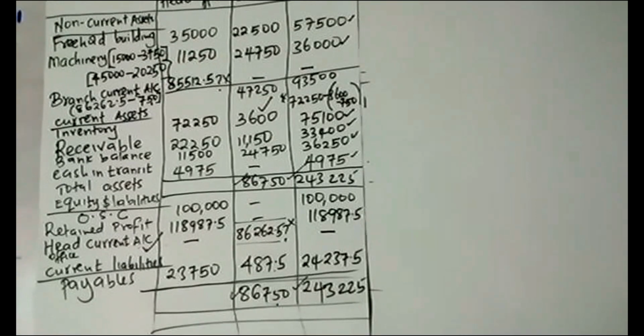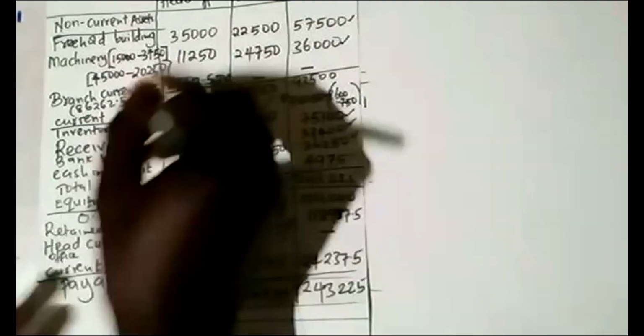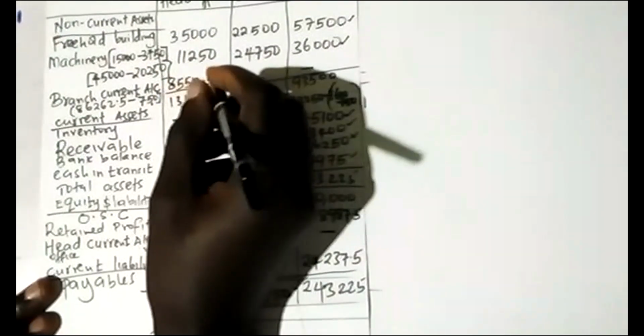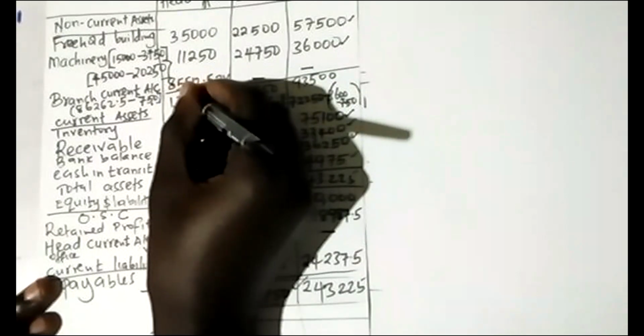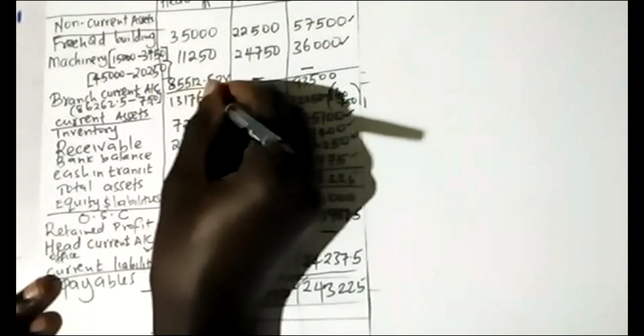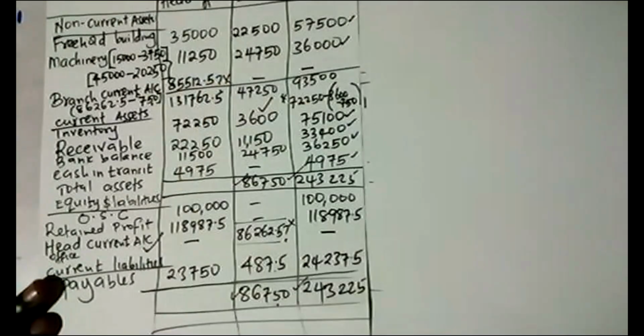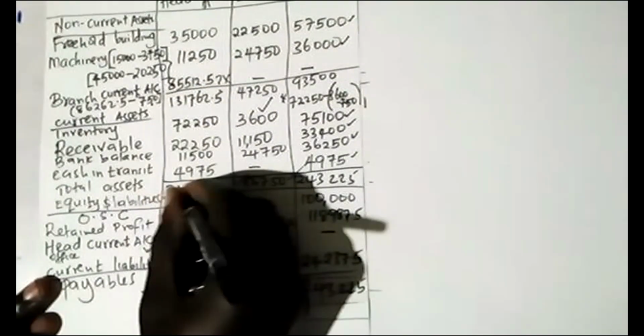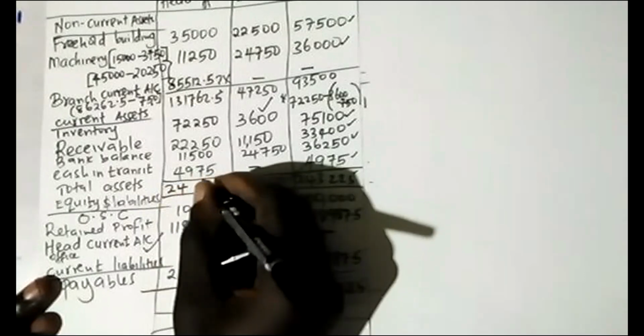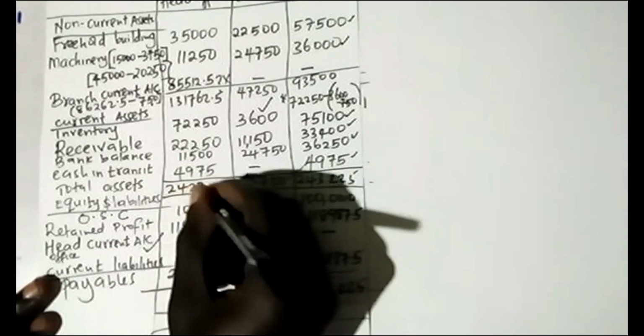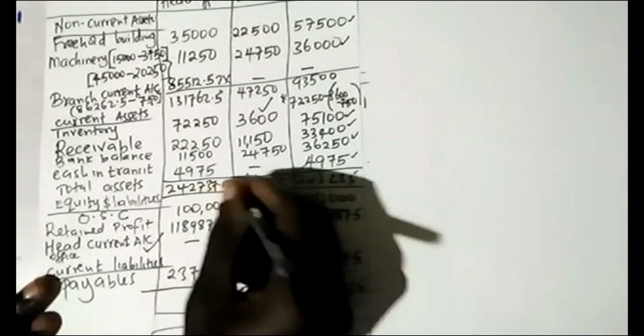So now I can add and check if it's balancing. If I take 35,000 plus 11,250 plus my answer, which is 85,512.5, I'm getting 131,762.5. Then I continue with 72,250 plus 22,250, 11,500, 49,750. So this one is 27,37.5.